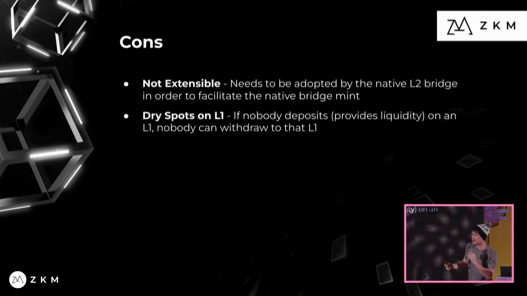For example, in order for me to use this in Optimism, I'd have to convince the DAO to open up their L2 mint to facilitate native Ethereum, so that's how it's done right now, and the ZK proof bridging. They need to make sure that it's all audited and secured.